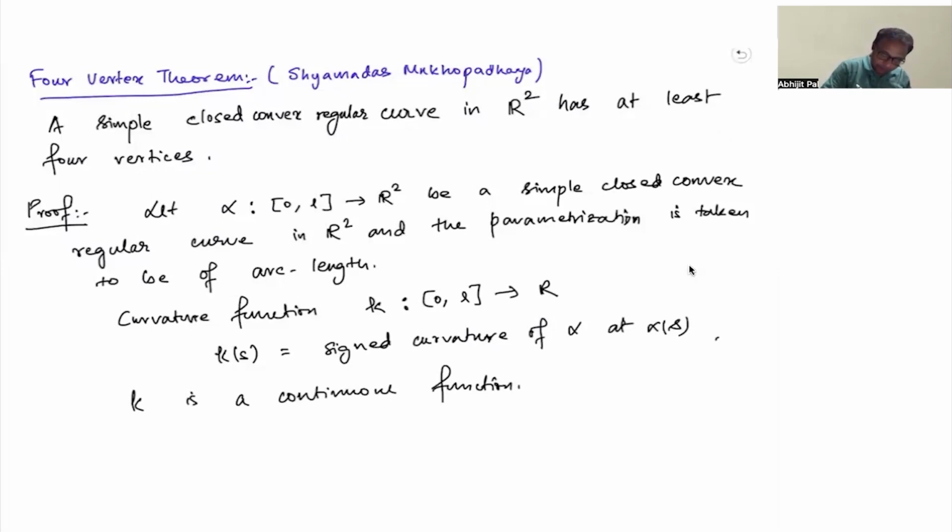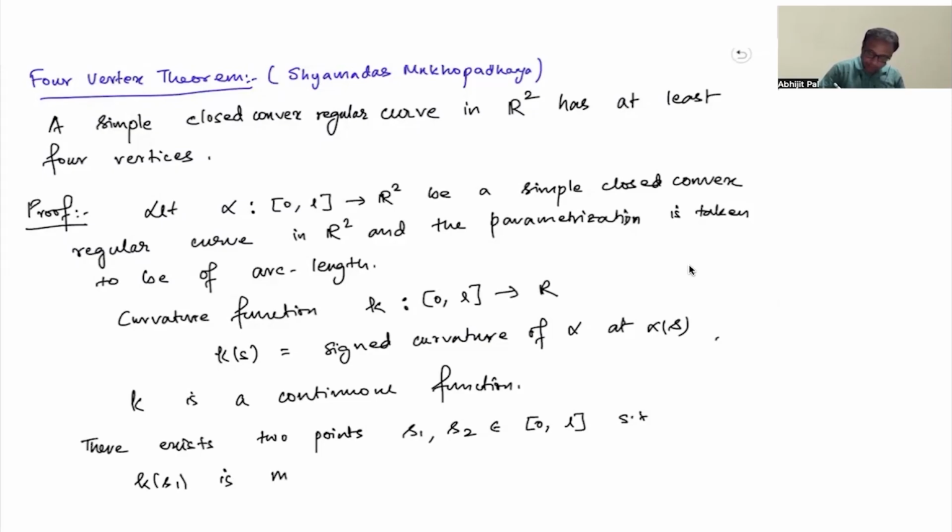So there exist two points s1, s2 belonging to this interval [0, L], such that k(s1) is, say, maximum and k(s2) is minimum.